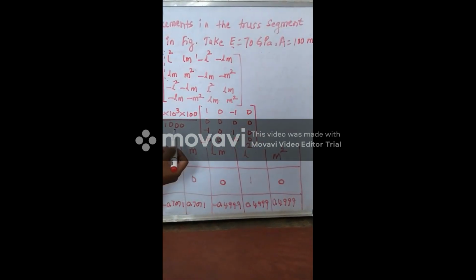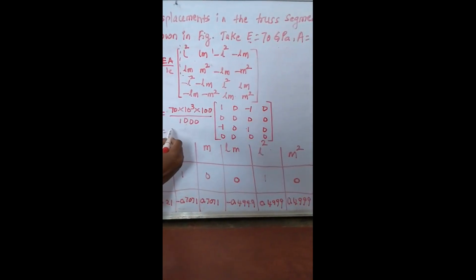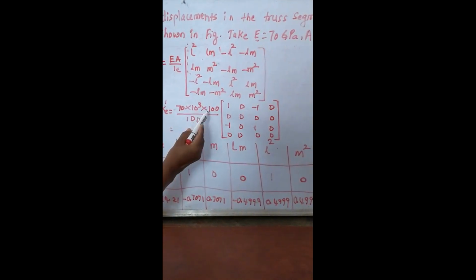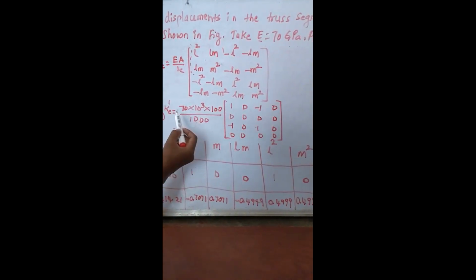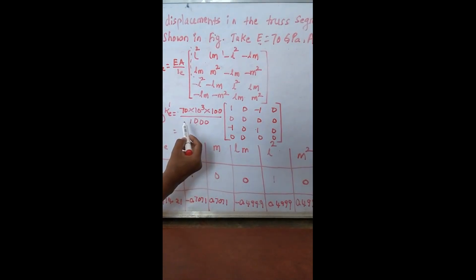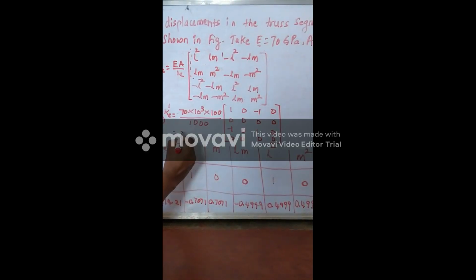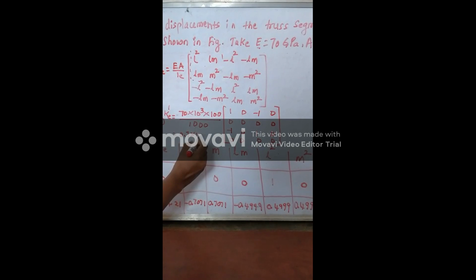Now we can simplify this value, 70 into 10 power 3 into 100 divided by 1000, and if we simplify, we'll get 0.7 into 10 power 4.